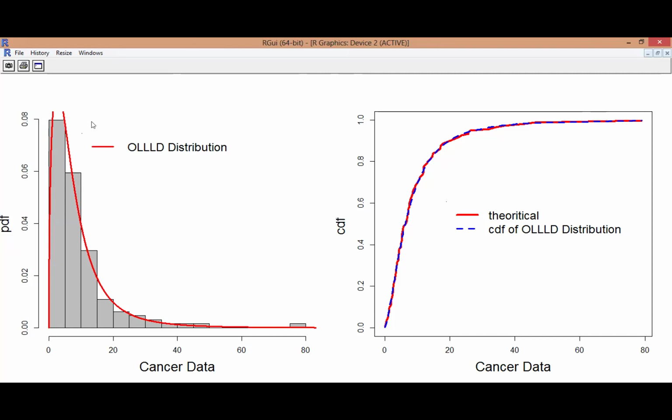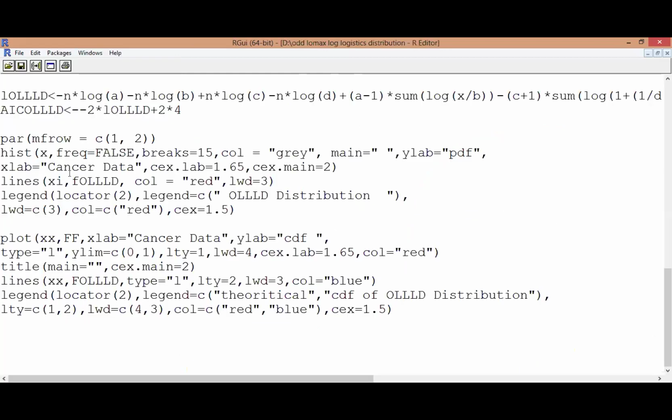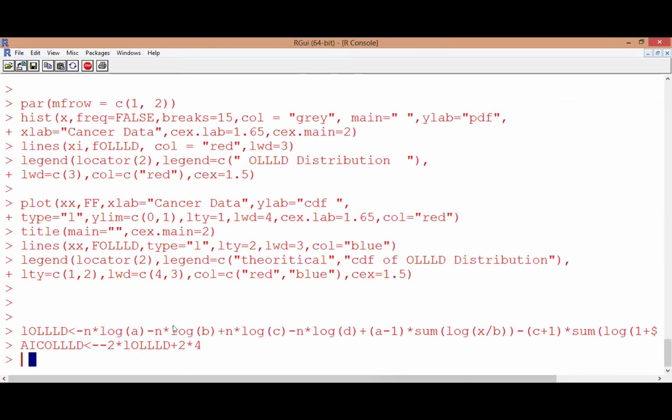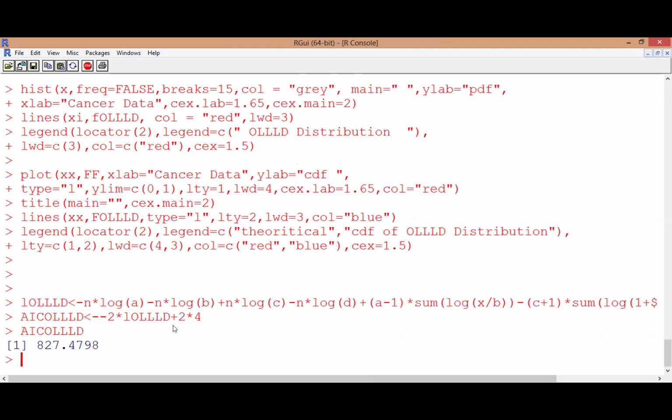And then if you want to know the AIC, the Akaike information criterion, you can just use the formula minus 2 multiplied by the log likelihood plus 2 multiplied by the number of parameters. So we can run here and then you can check the AIC for the OLLD. This is the value of the AIC.